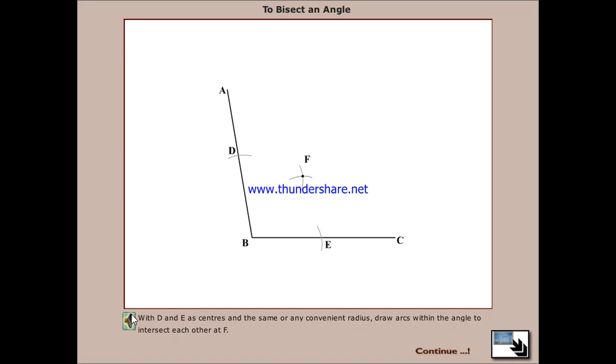With D and E as centers and the same or any convenient radius, draw arcs within the angle to intersect each other at F. Join B and F. The line BF divides the angle ABC equally. That means angle ABF is equal to angle FBC.